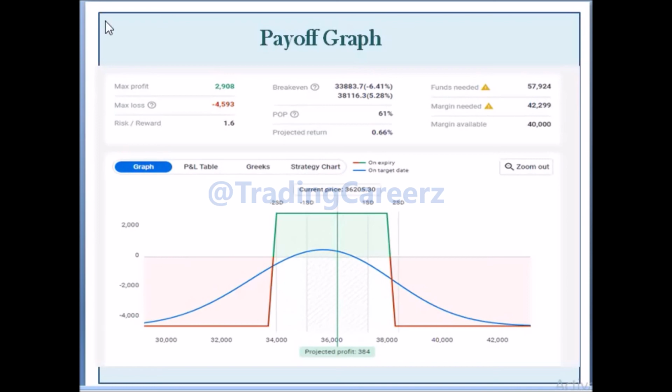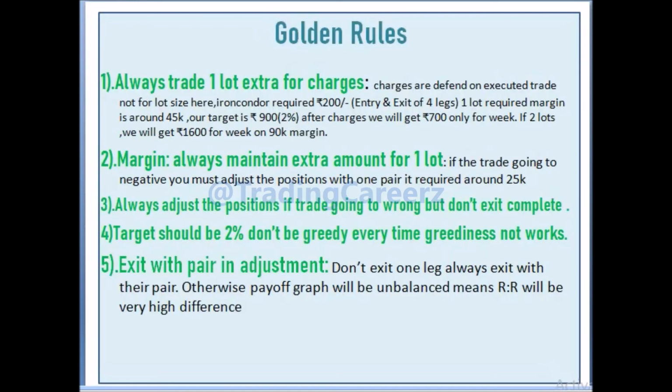Now going to the golden rules. These rules are very important. You must follow these rules. Always trade 1 lot extra for charges. As I said previously, whenever you are doing one trade, it is charged around 200 rupees.